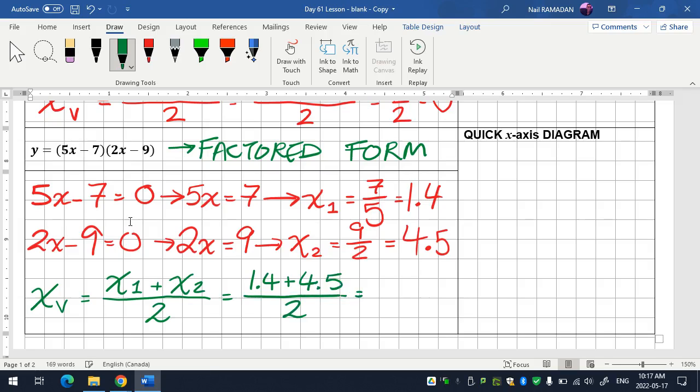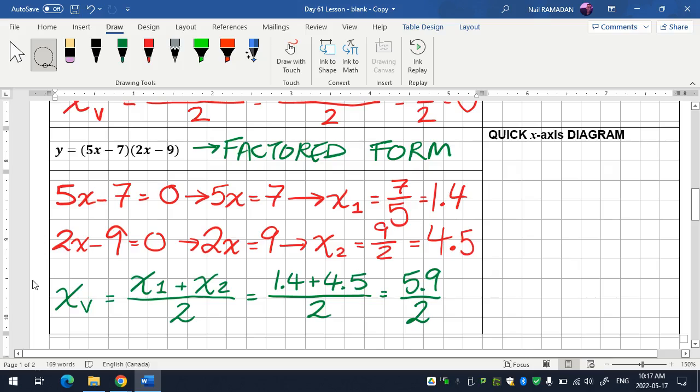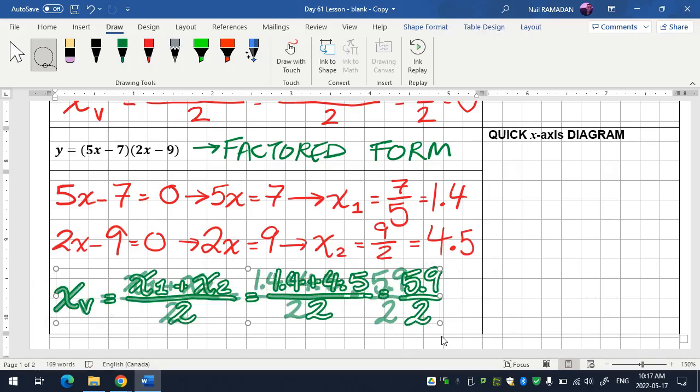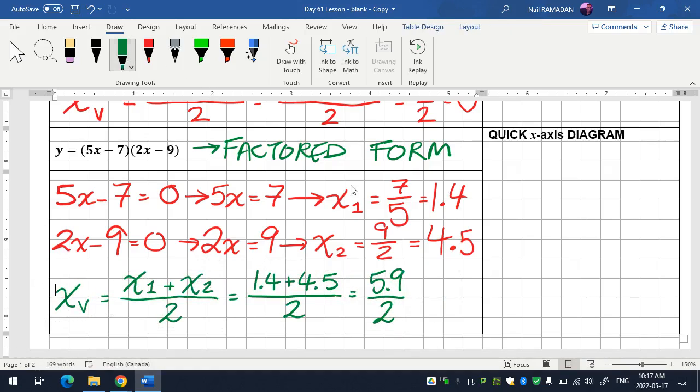How much is 1.4 plus 4.5? 5.9. And how much is 5.9 divided by 2? Indeed, it is 2.95.